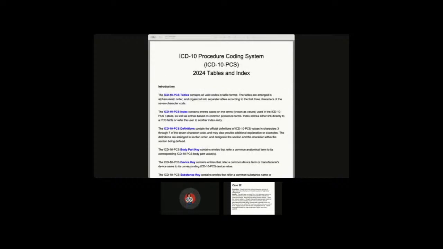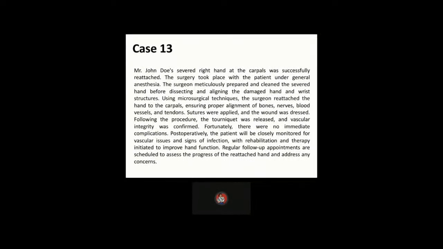And we're going to go on to, I think this is our last scenario for today. All right, Mr. Doe severed his right hand at the carpals, and it was successfully reattached. You still got to read what they did. So the surgery took place.